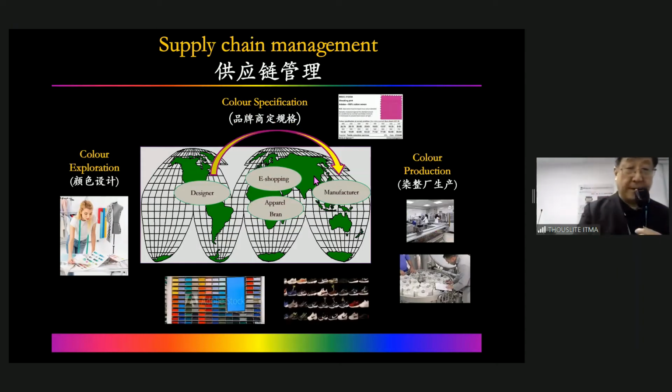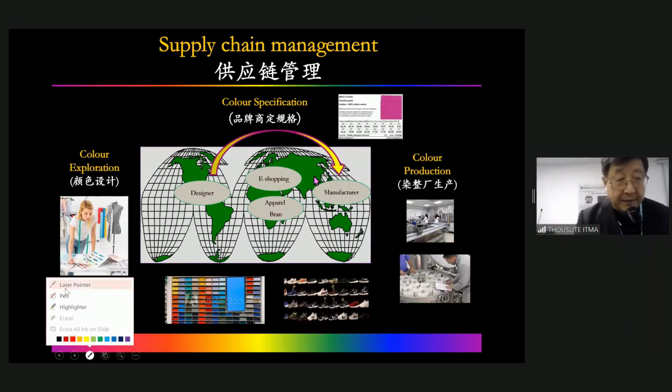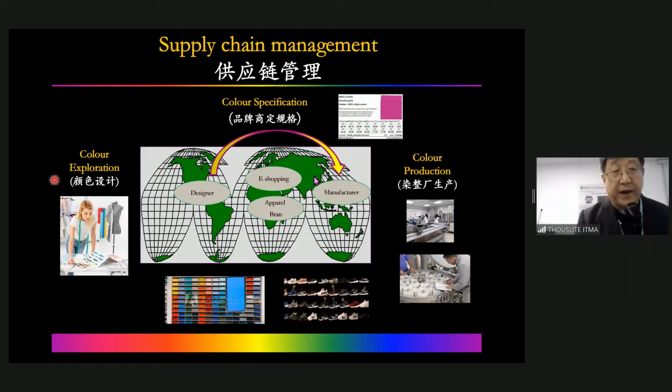People are very familiar with the textile trade, so we are talking about supply chain management. Here you can see the designers are always at the front end. They do the color exploration, they invent the colors. They produce the seasonal color palette and then deliver to the brand makers.